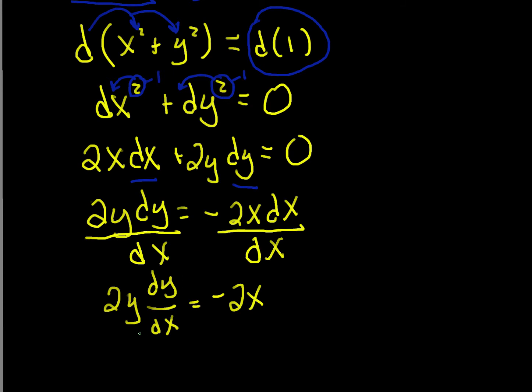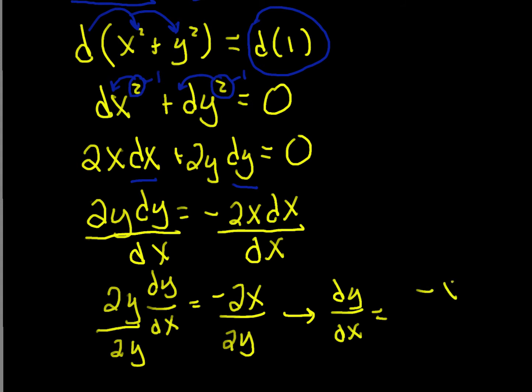And I want to solve for dy dx, so I will divide again by 2y, and this by 2y, giving me the relationship that dy dx is equal to negative x over y.